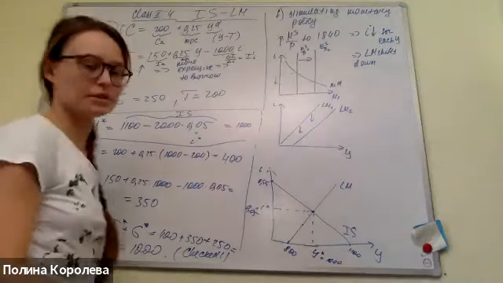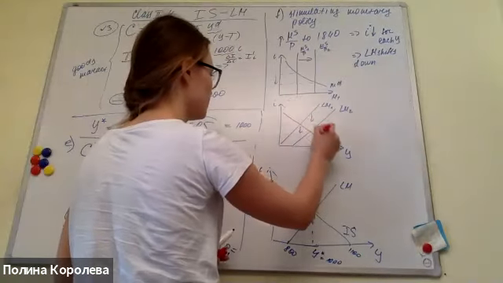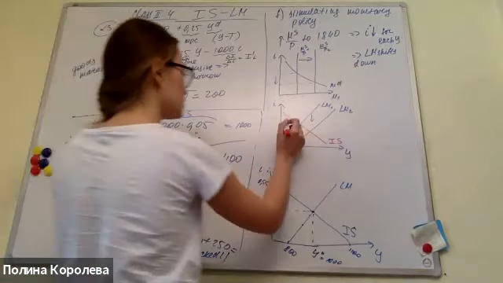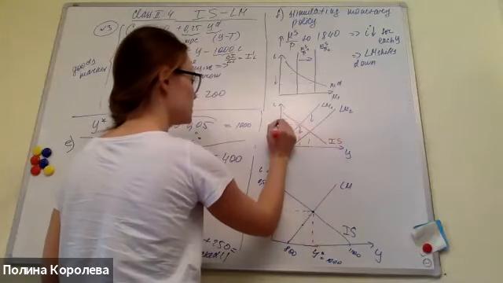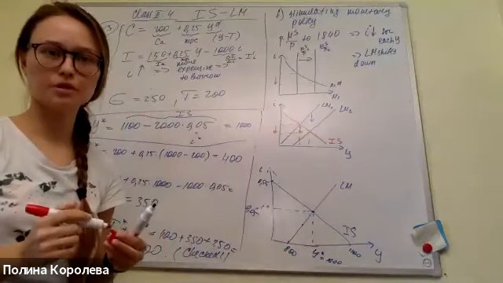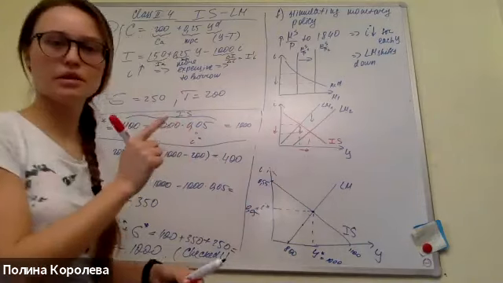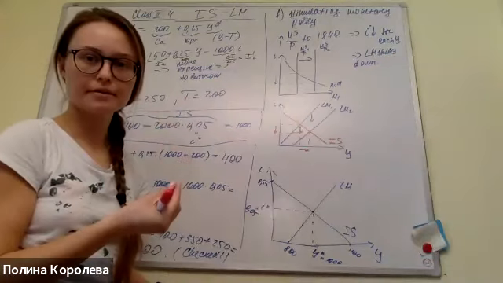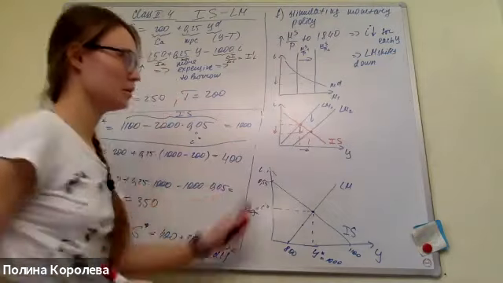And when we cross it with the old IS, what is happening with equilibrium? You see that the interest rate is lower, and the main thing is that equilibrium output is higher. You cross from here to here.